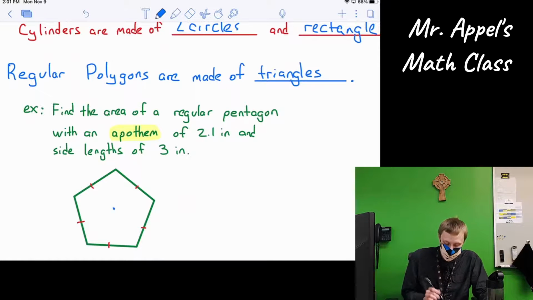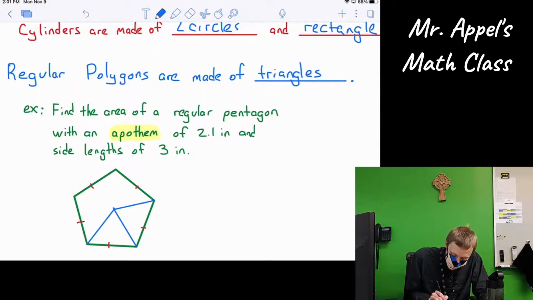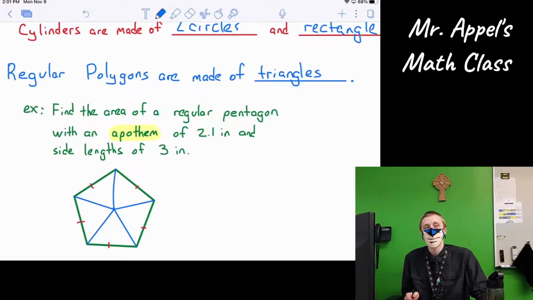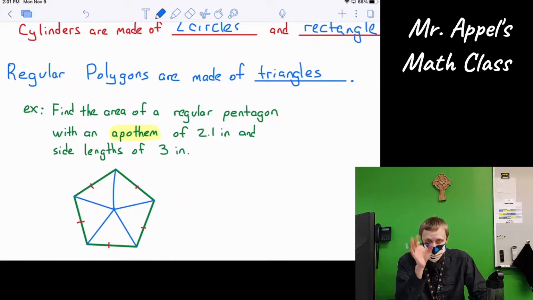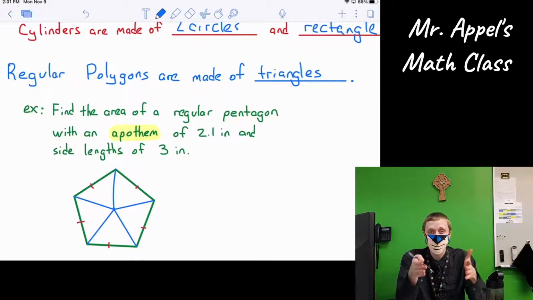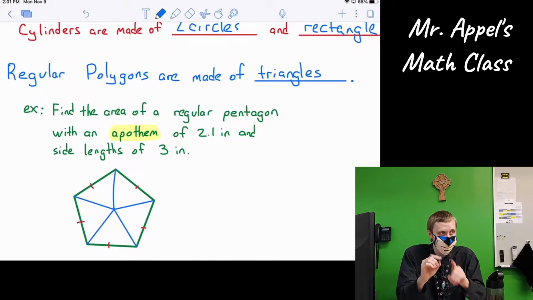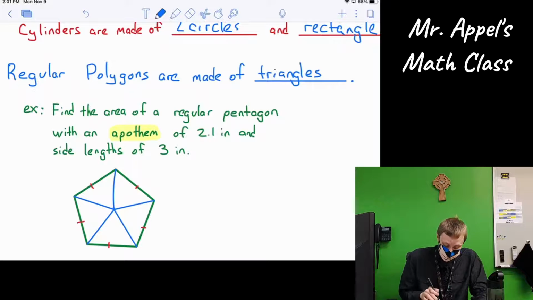So instead, what I'm going to do is go from the center to each vertex and slice these up like a pie. Cut up your regular polygon into pie slices. And not only is it delicious, but it gives us now equal triangles.